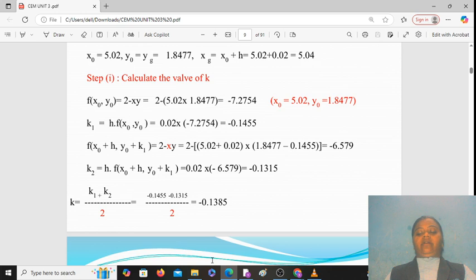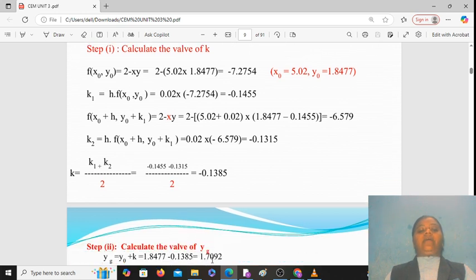Similarly, we calculate f(x0 plus h, y0 plus k1), 2 minus xy, which is equal to 2 minus (5.02 plus 0.02) into (1.8477 minus 0.1455).